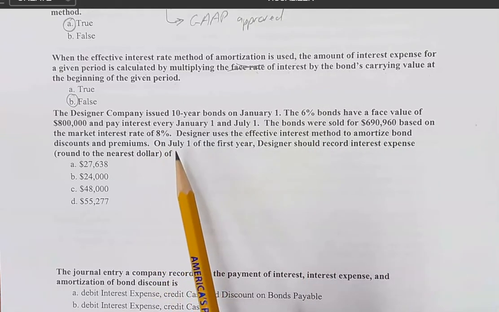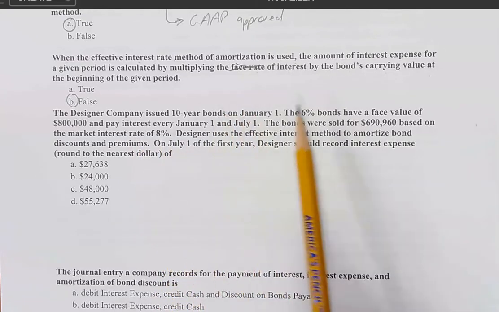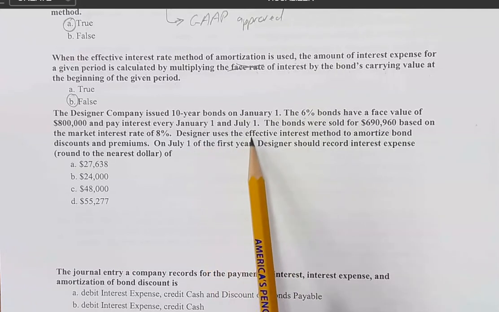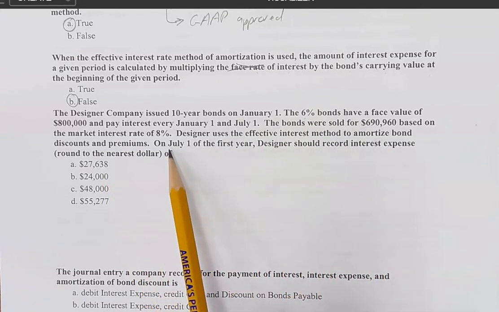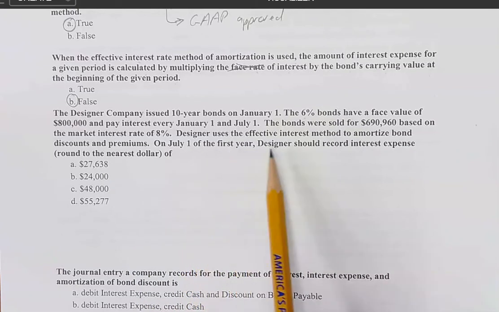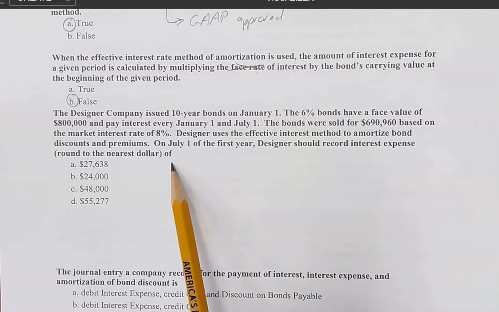So we have discounted bonds because the market rate of interest is higher than the 6% face contract rate on the bonds. Designer uses the effective interest method to amortize bond discounts or premiums. On July 1 of the first year, designer should record interest expense of, okay?